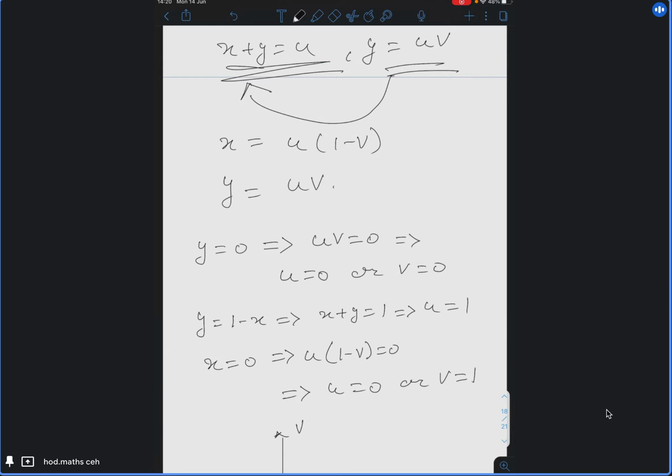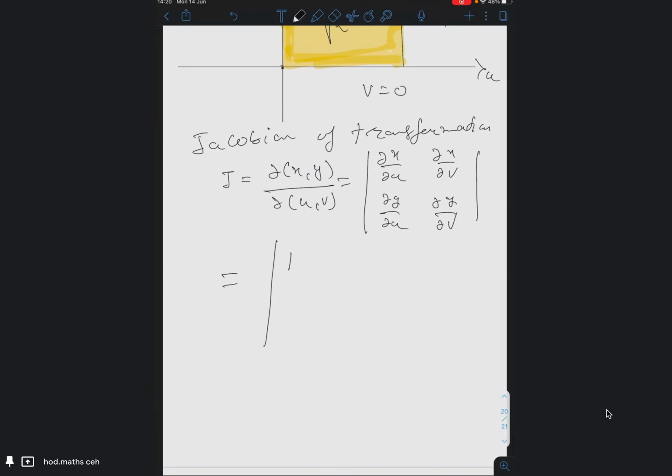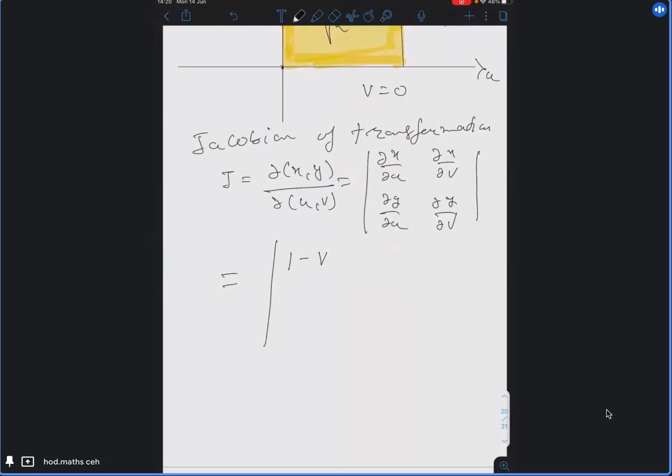If you differentiate partially with respect to u, what you will get? Tell me. 1 minus v. And when you differentiate x with respect to v, what you will get? Minus u. Now dou y by dou u. y is u into v. So here you will get v, here you will get u. Solve this determinant.